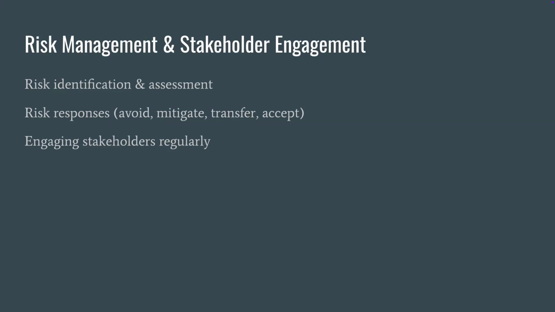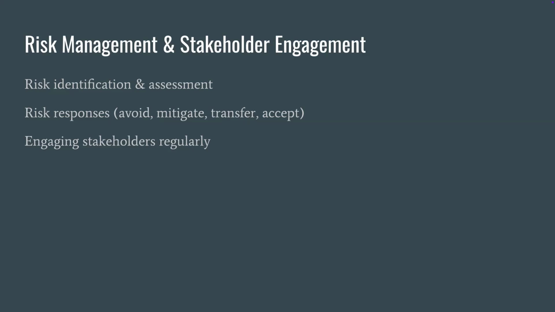In parallel with risk management is stakeholder engagement. It is important to keep stakeholders informed and involved, especially those who can influence the project's success. Regular communication, updates, and feedback sessions help align everyone's expectations.